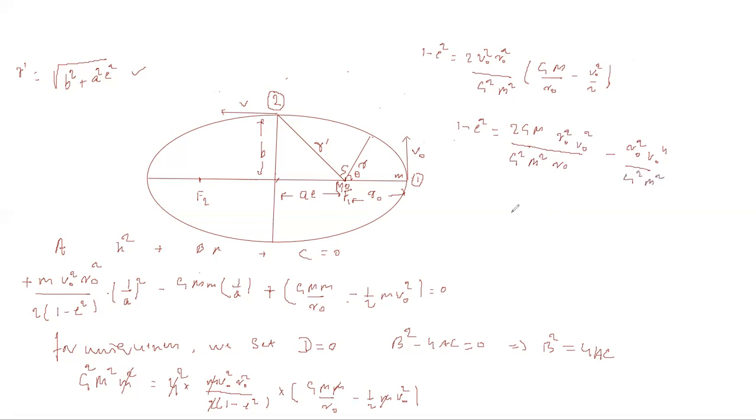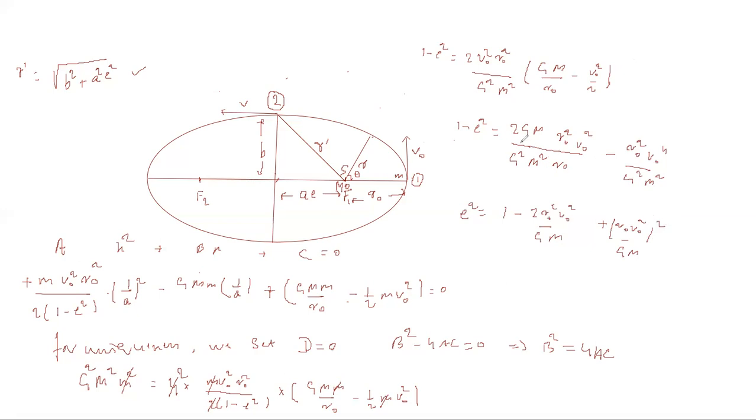Now this simplifies, after some obvious cancellations, to e square is equal to 1 minus 2 r naught square v naught square by GM plus r naught v naught square by GM whole square.